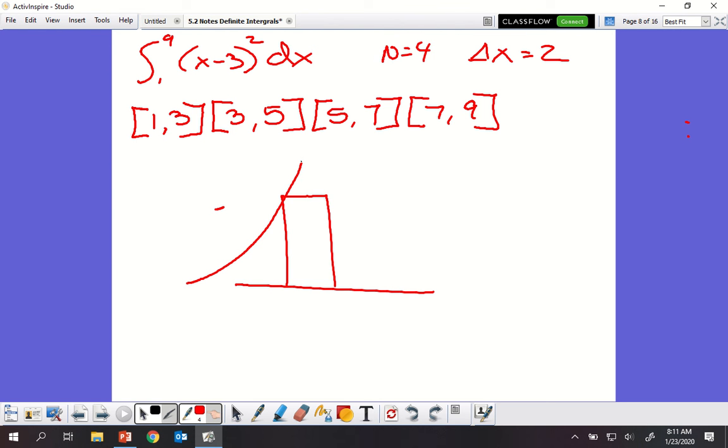So in this case, if it's left hand, I need to try and make the rectangles connect right here, where this one would be x comma f of x. That's where my point is going to end up. So x comma f of x. My f of x is whatever this x value is, plug it into my function. And in this case, my function is going to be this.